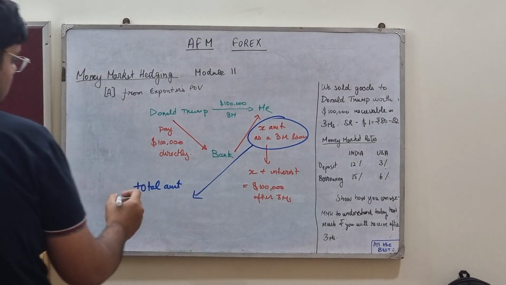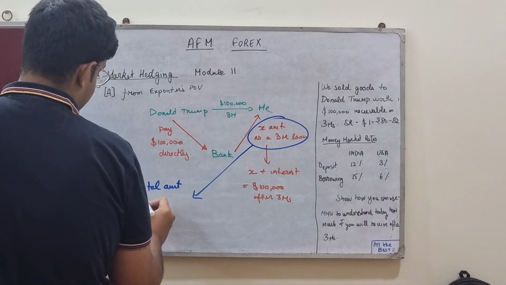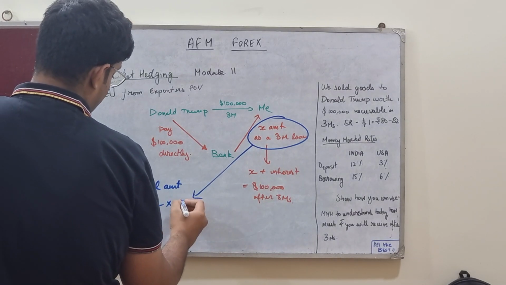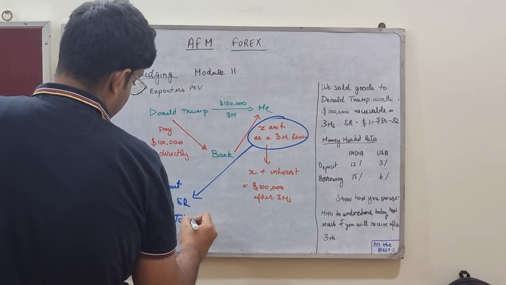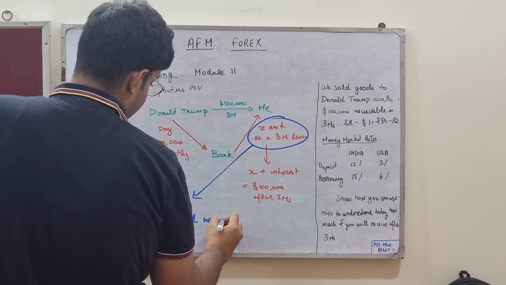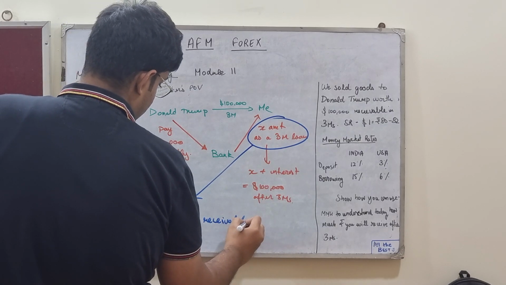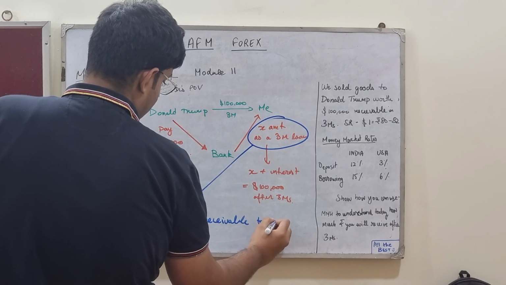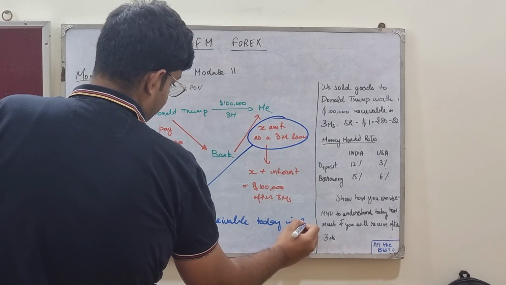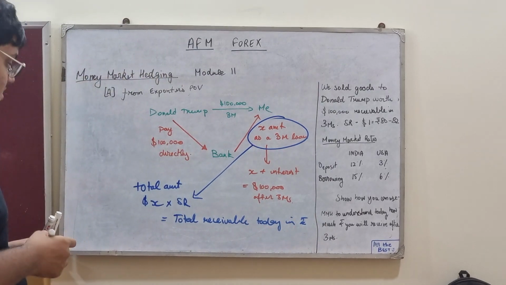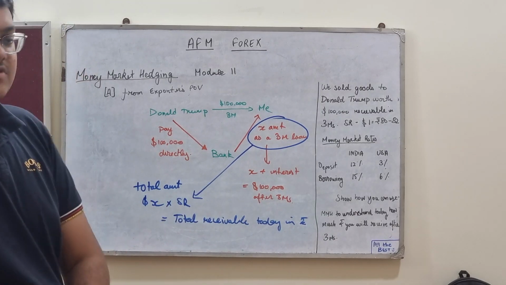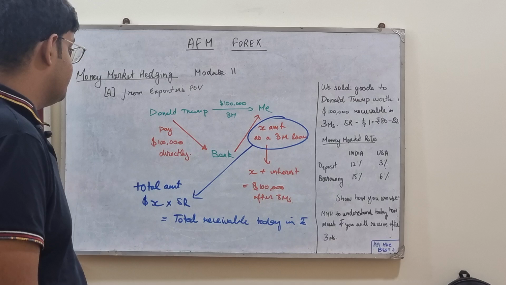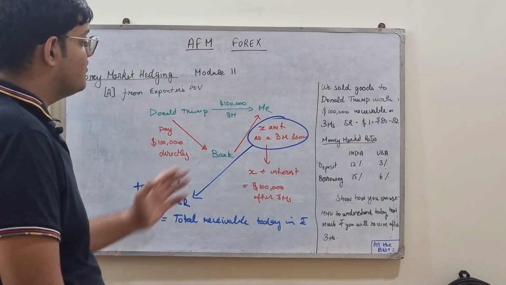So this X amount, dollars X, into today's spot rate will give me the total receivable today in rupees. But this receivable will be in rupees in today's terms, while I should have received the sum after 3 months.